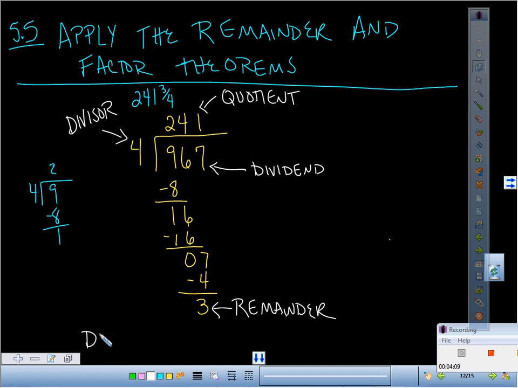You take the divisor, and what do you do with it? Divisor times the quotient plus the remainder. Very good. Equals the dividend. That's the algorithm for division.